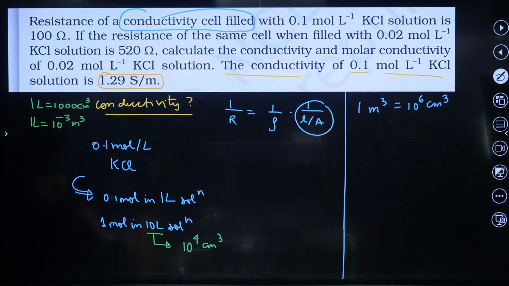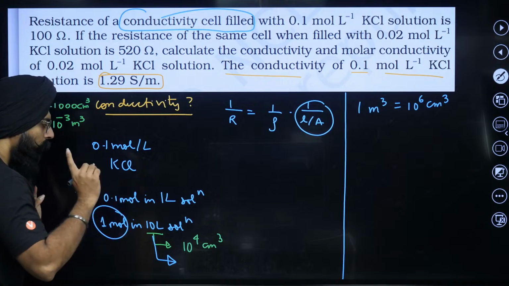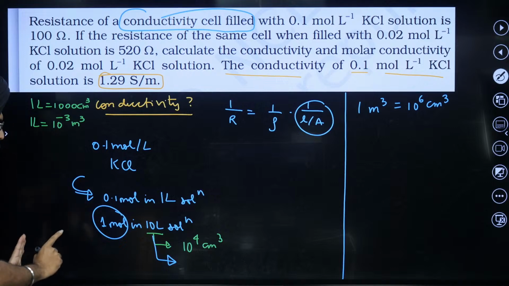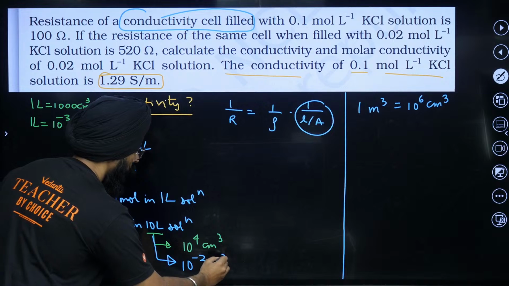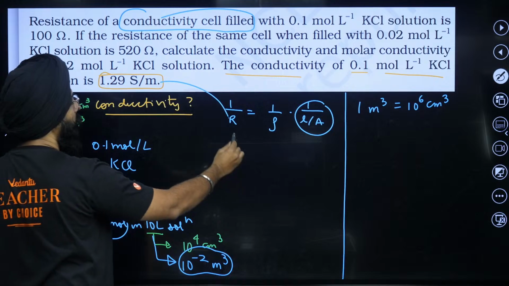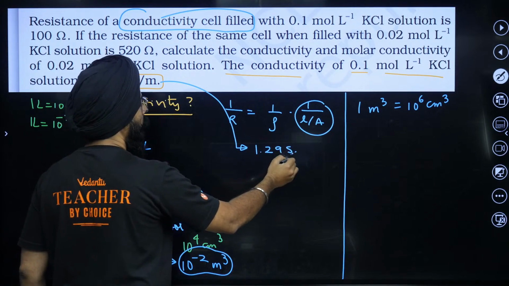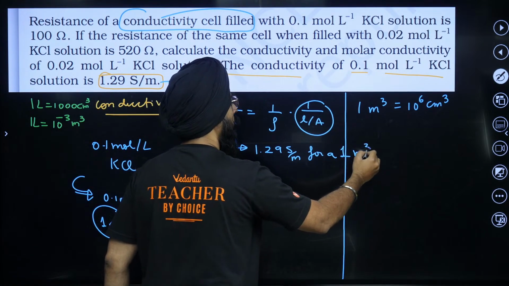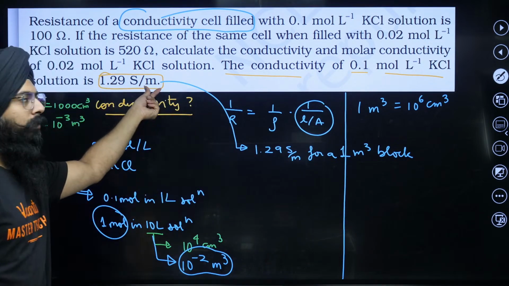Okay, fine. So if I need 1 mole of the ions in this solution, I will need 10 to the power minus 2 cubic meters. Now look at the value that is given over here. This value is 1.29 Siemens per meter for a 1 meter cube block. Why 1 meter cube block? Because the unit is meters.